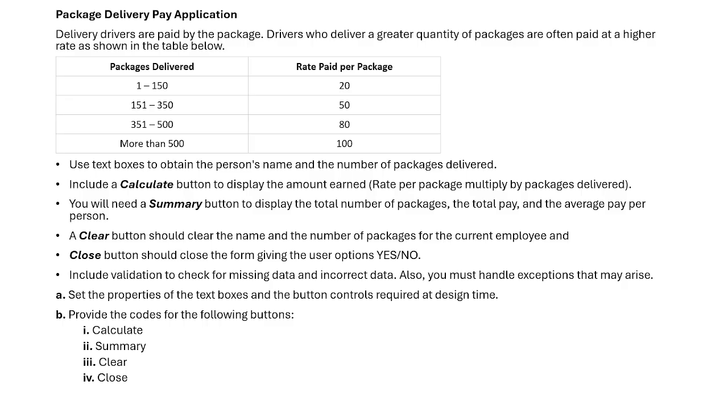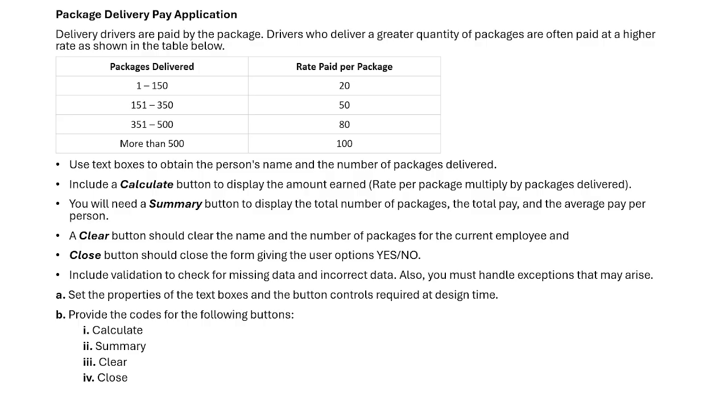The number of employees was not mentioned in the question, so you just have to know what you have to do with the average pay per person, and then know what comes into play with it. All right. So this can be accumulated in the calculate button, but then we want to see it in the summary button when we press the summary button.